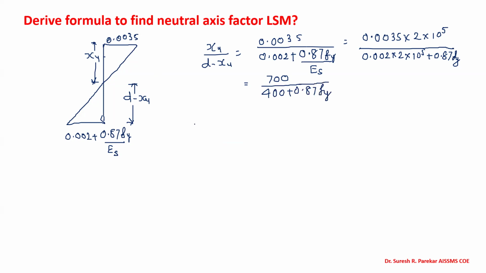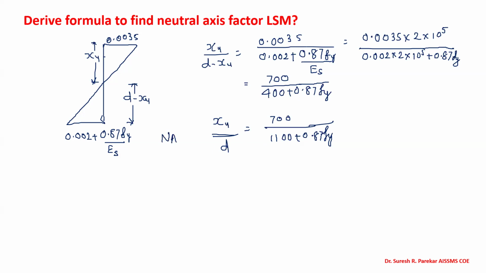Now, componendo and dividendo means we add the numerator to the denominator, and then we get XU by D, which will be 700 over, if we add, 1100 plus 0.87 Fy. And this XU by D is nothing but the neutral axis factor.